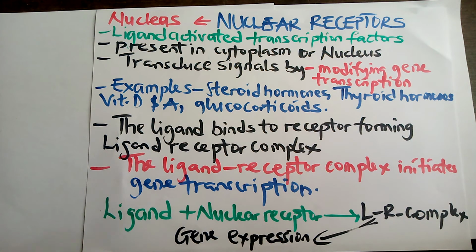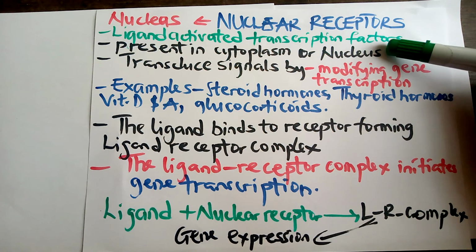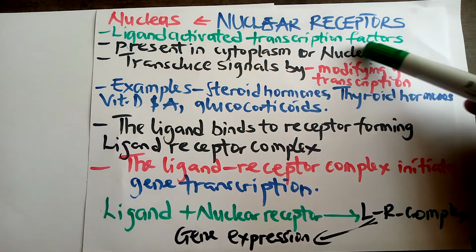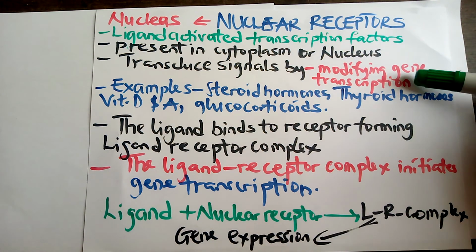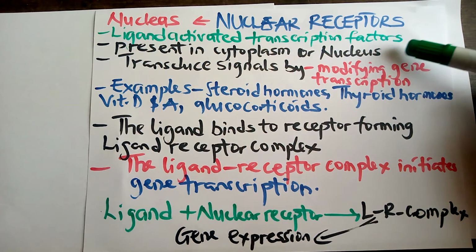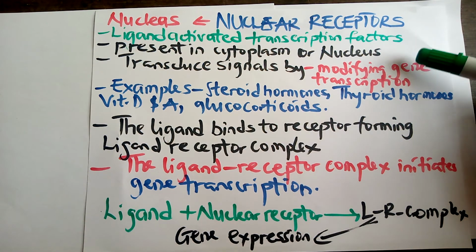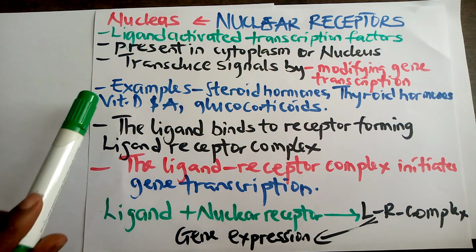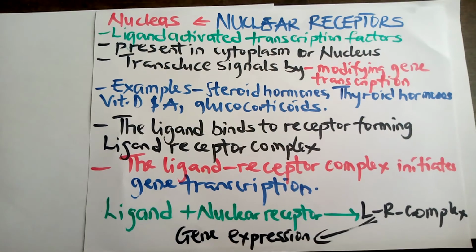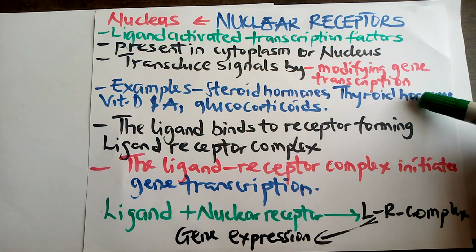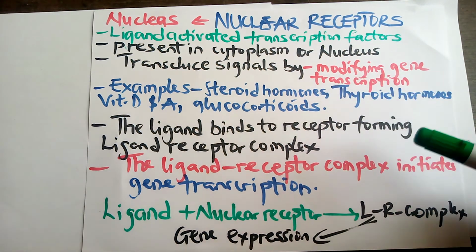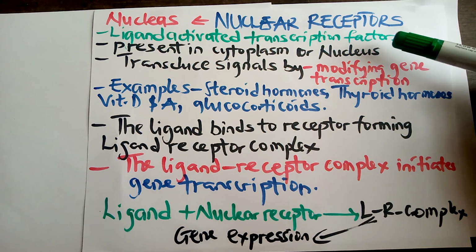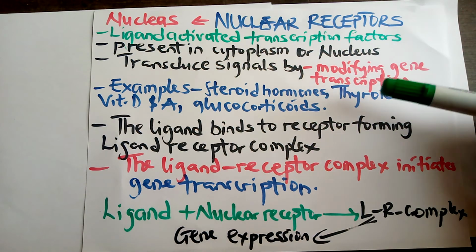They're usually present in the cytoplasm or in the nucleus, and they transduce signals that bring about gene expression or gene transcription. Examples of biomolecules that work via nuclear receptors are steroid hormones, thyroid hormones, vitamin A and D, and glucocorticoids.